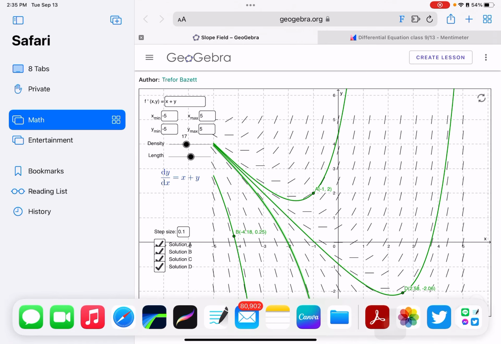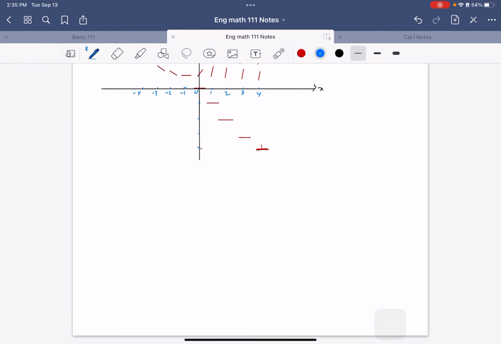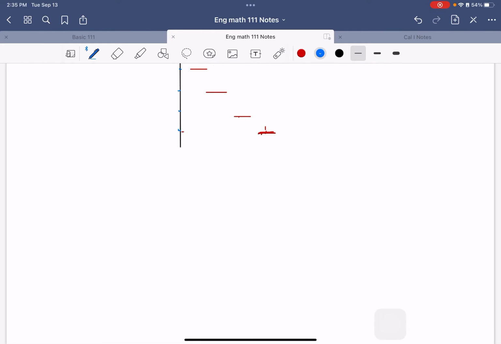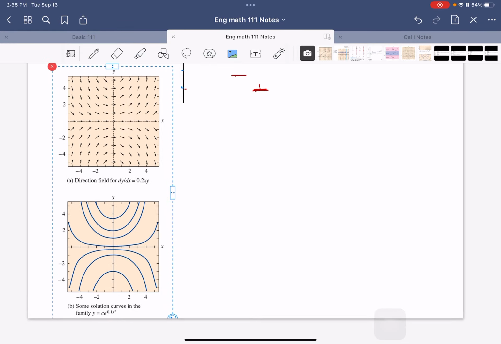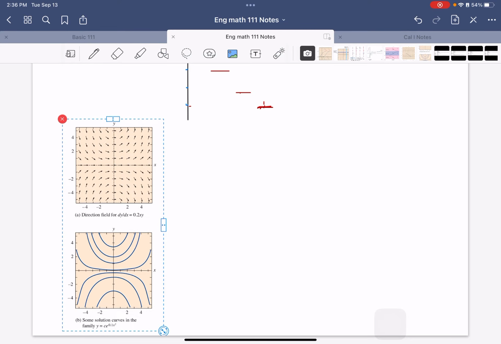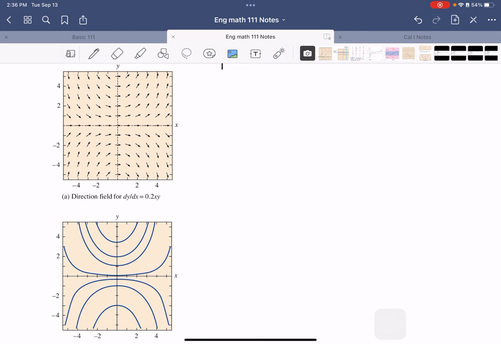Okay, let me go back to our slide here, and let me introduce a picture that is in your textbook. This is the example for the differential equations at the beginning of our course, dy over dx equals 0.2xy.